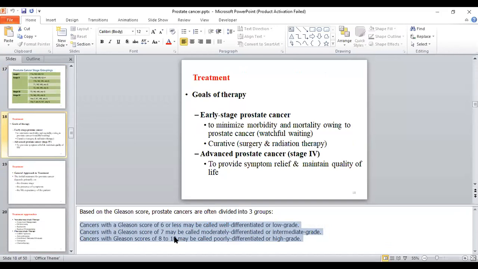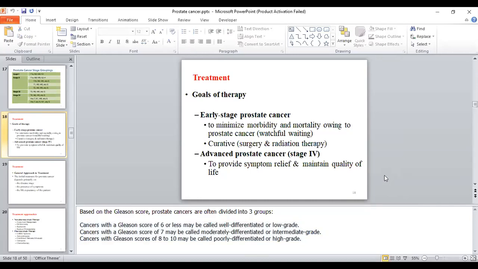But a Gleason score of 8 to 10 is poorly differentiated or high-grade tumor. The tumor is very high grade, and the prognosis is very poor when a patient has this stage of prostate cancer.